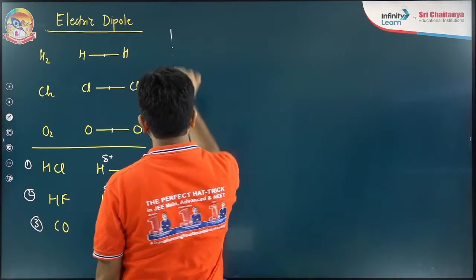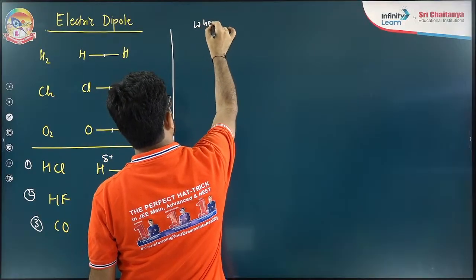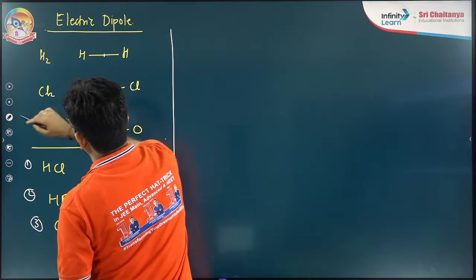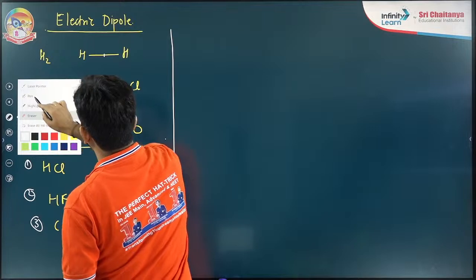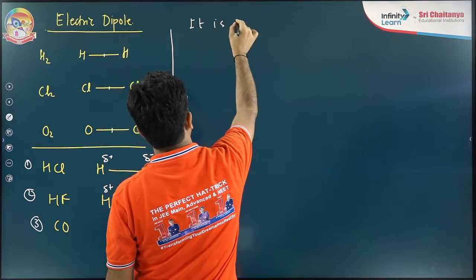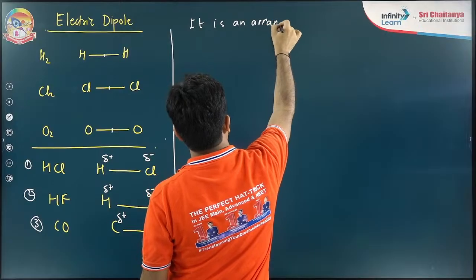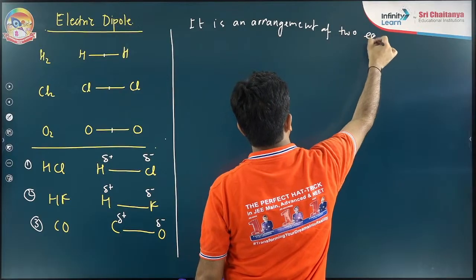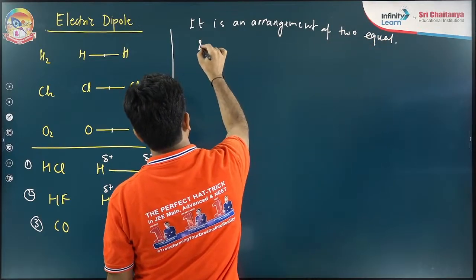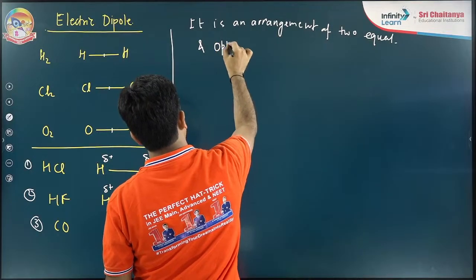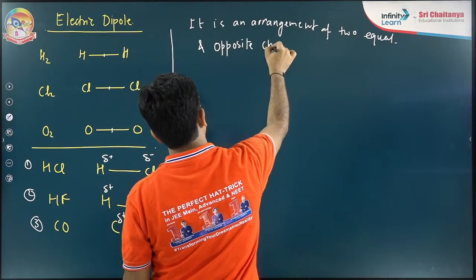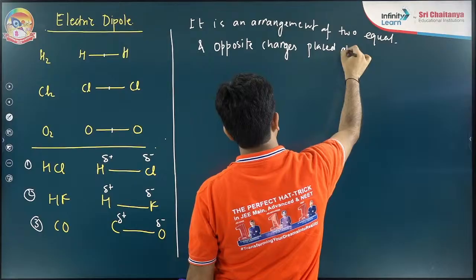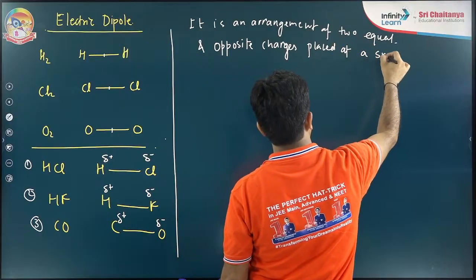So what is the definition of electric dipole? It is an arrangement of two equal and opposite charges placed at a small separation.